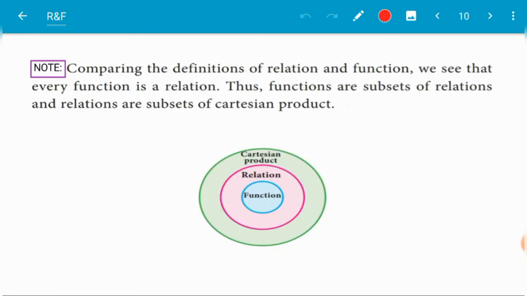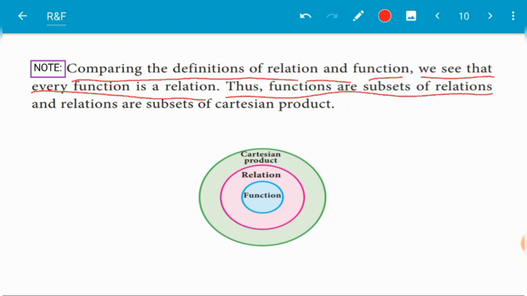Let's see. On comparing the definitions of relation and function, we discussed relation and function in the last class. Now I have given the function. We see that every function is a relation. That I already said. Thus, functions are a subset of relations, and relations are a subset of the Cartesian product. That we know.